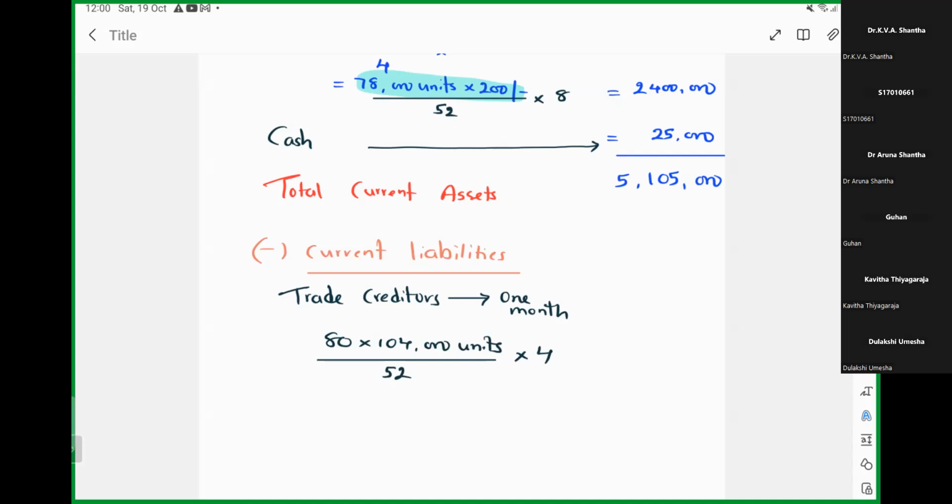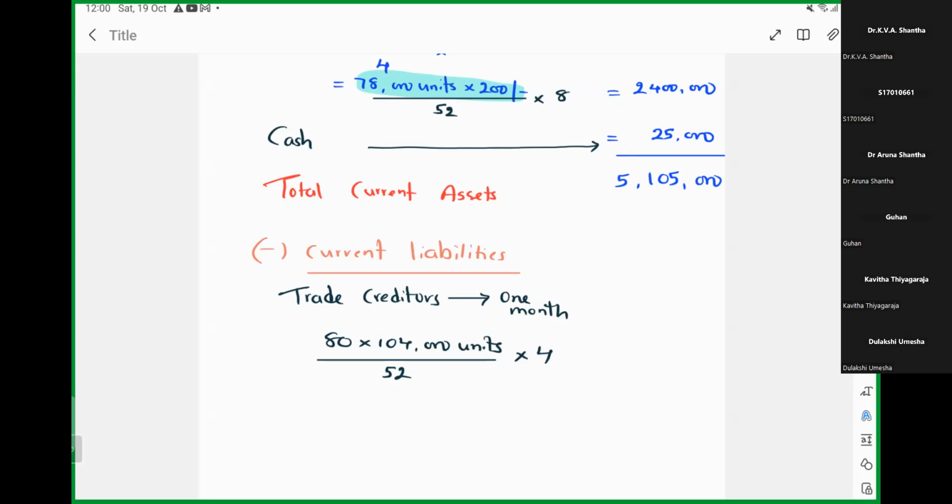Now here, there are no cash purchases. The question doesn't say anything about cash purchases. The meaning is that all the material purchases are on credit.